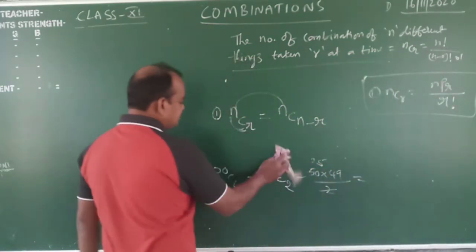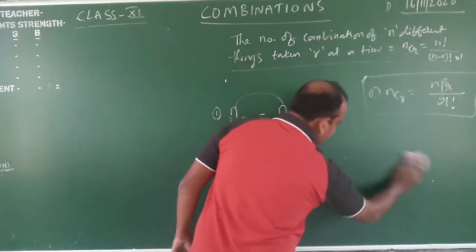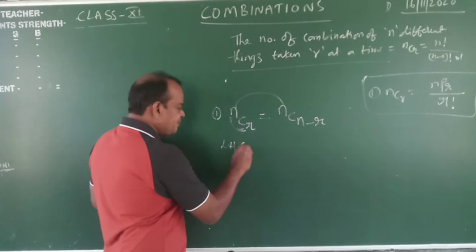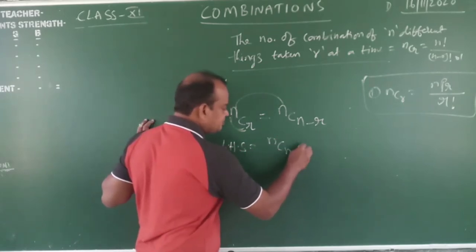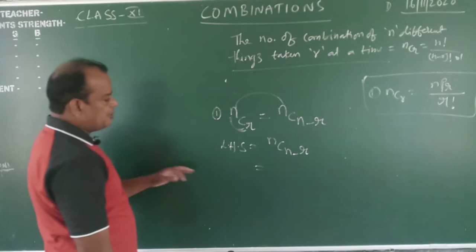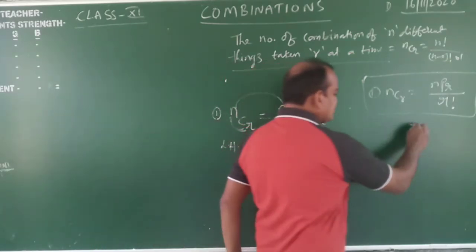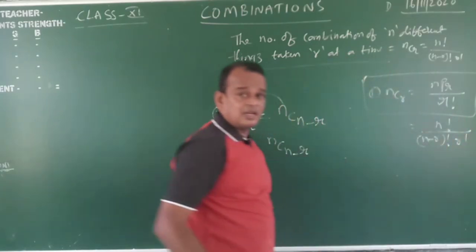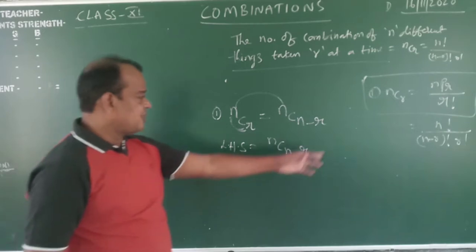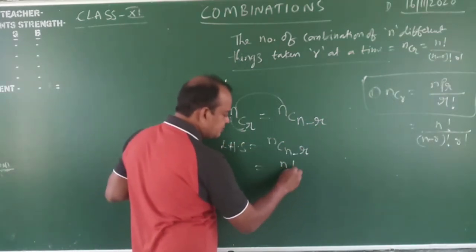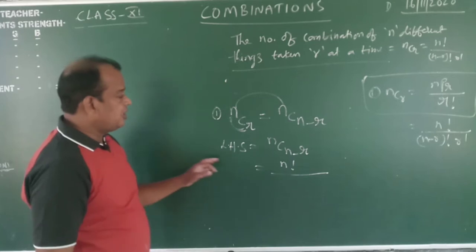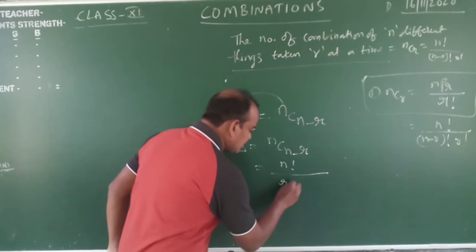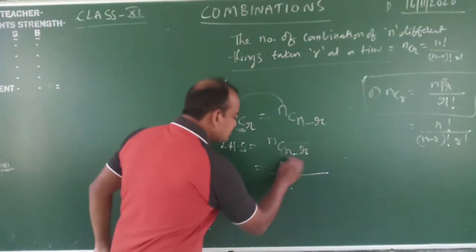Okay, how will you get this one? Is this right or wrong? Now take the RHS, nC(n minus r). Applying the formula of nCr, which is n factorial by (n minus r) factorial into r factorial, we get n factorial by (n minus r) factorial into (n minus n plus r) factorial, that is r factorial.